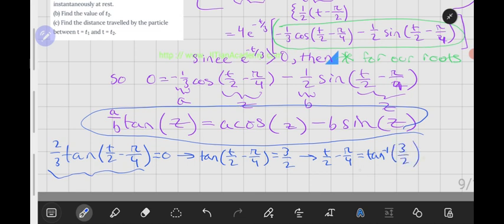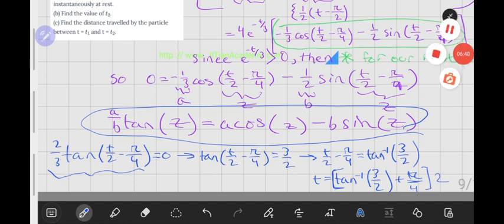And then we could continue to rearrange by adding pi over 4 to both sides and then multiplying by 2, so that we find that t is equal to inverse tan of 3 over 2 plus pi over 4, all of which should be multiplied by 2.